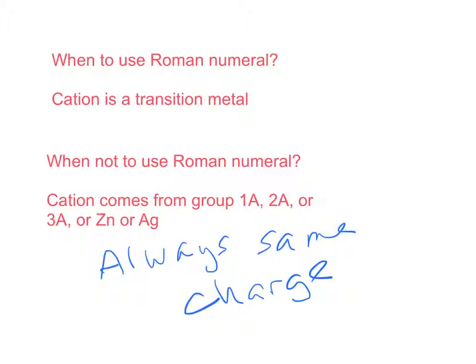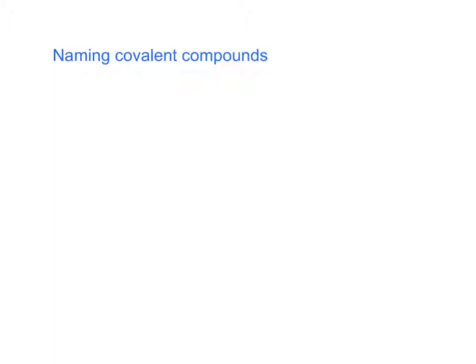Now let's move on to covalent. The rules for naming covalent compounds are super simple. Remember, how do we recognize a covalent compound? When we see a nonmetal plus a nonmetal. We simply use Greek prefixes to indicate the number of each atom of each element. You need to memorize this list.